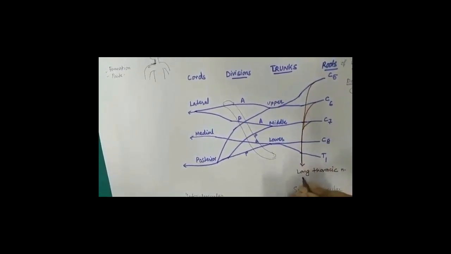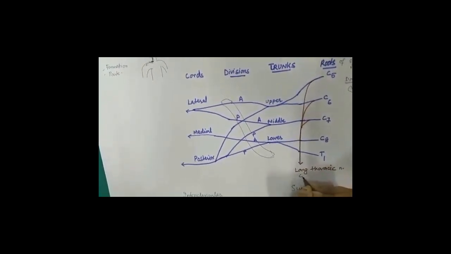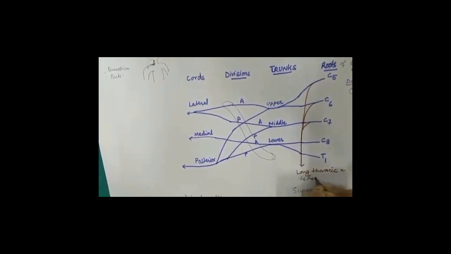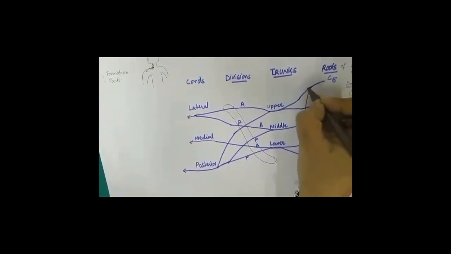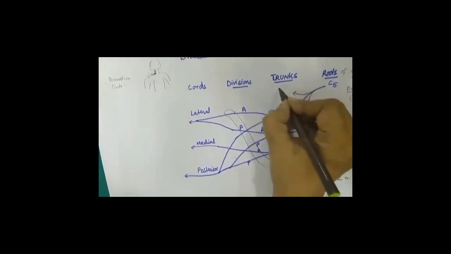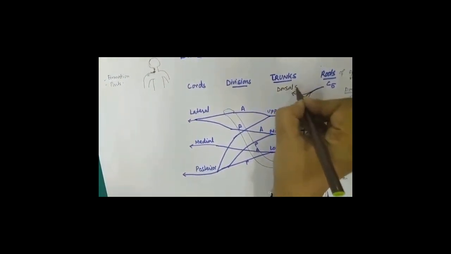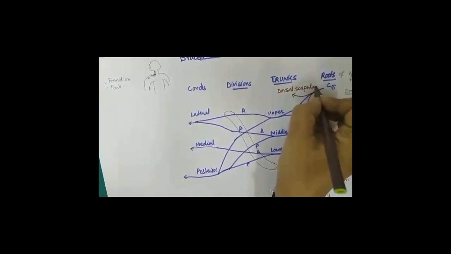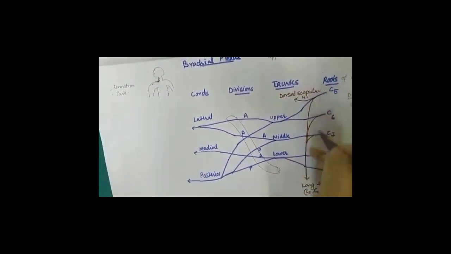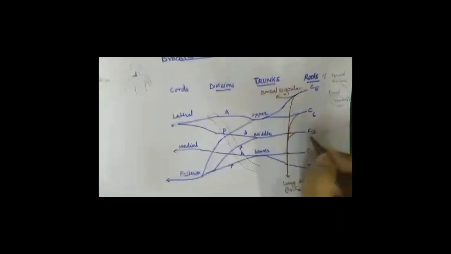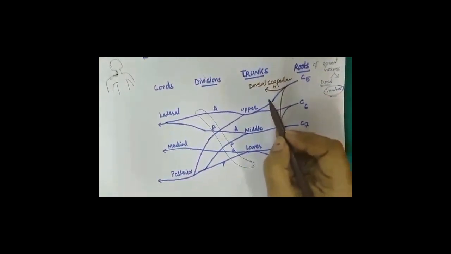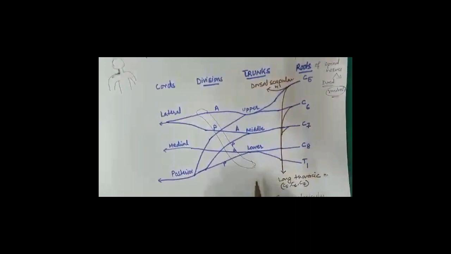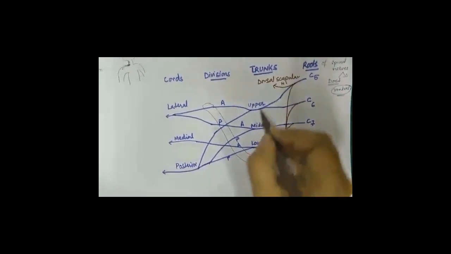It is the ventral rami of C5, C6 and C7 nerves. Another important nerve is given which is called dorsal scapular nerve. From here some nerves are given to the muscles of the neck, which we are not concerned with here.